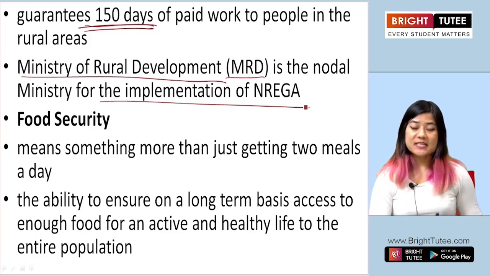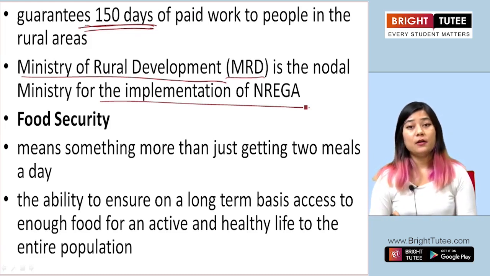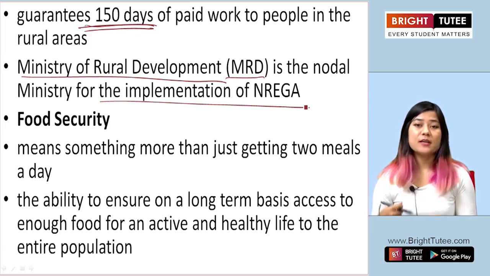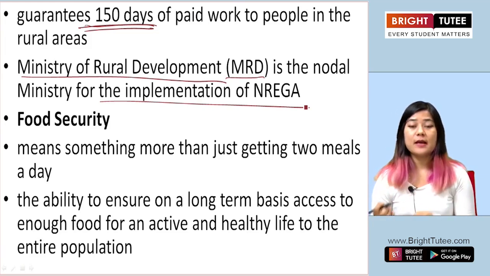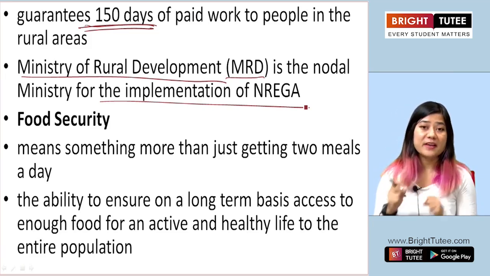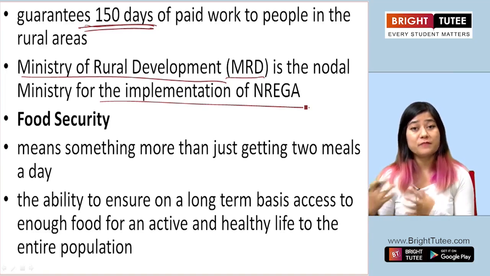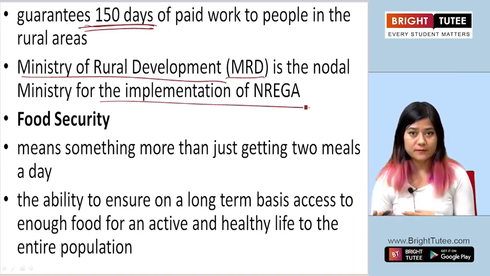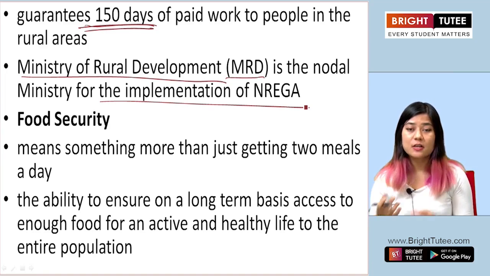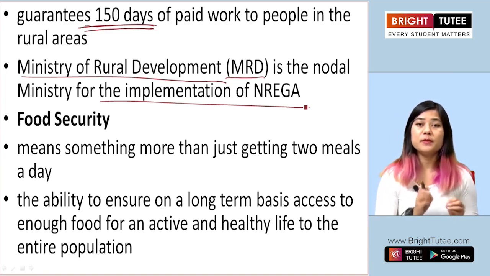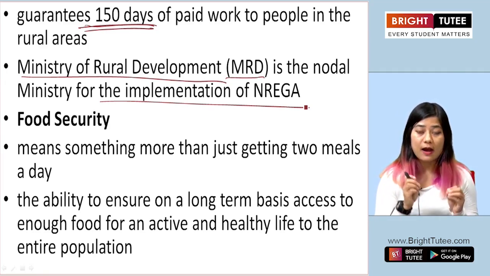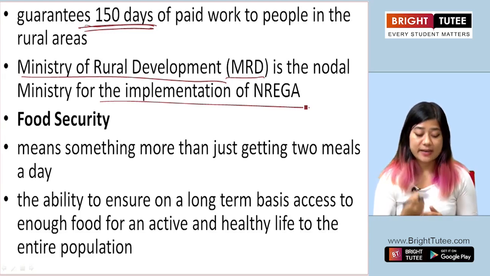Now, apart from these schemes, there are other ways in which we have to make sure that certain measures are important, or those factors are solved, those issues are addressed, so that the problems of poverty are properly taken care of. Okay.